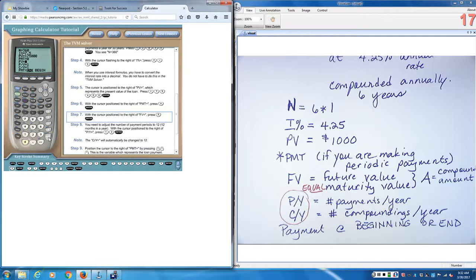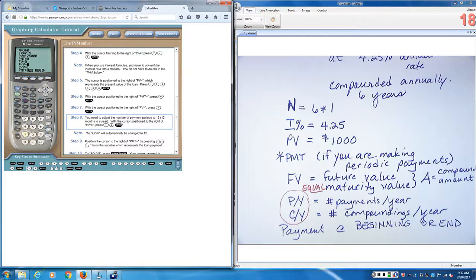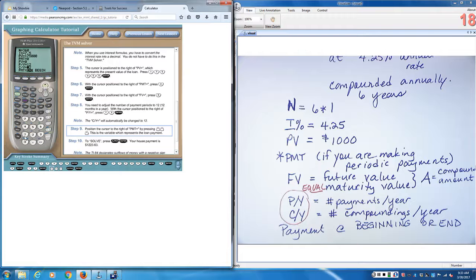The future value, we don't really care. So we're going to leave a 0 for that. The number of payment periods is 12 per year. Because you pay monthly, there's 12 months in a year. And the compounding is the same. It's also 12 per year.